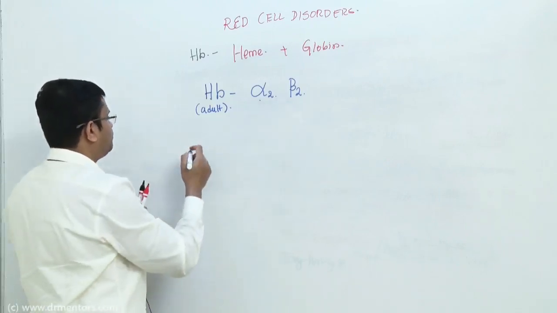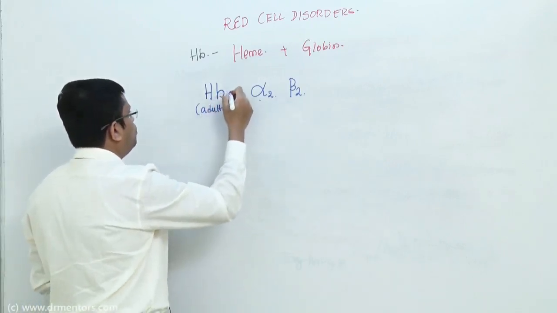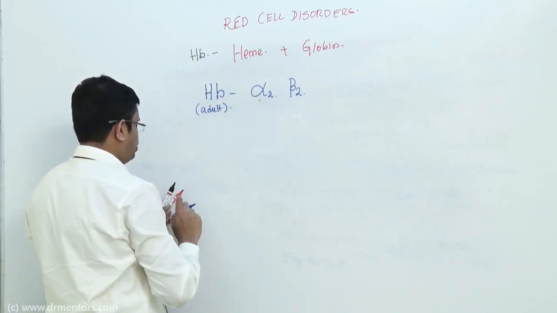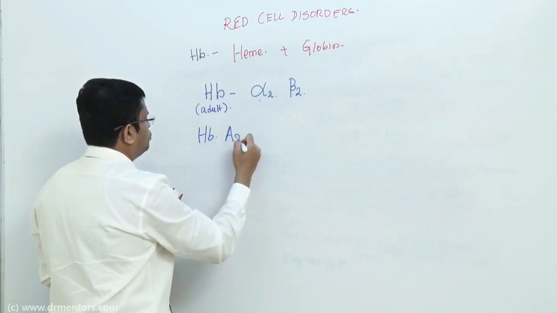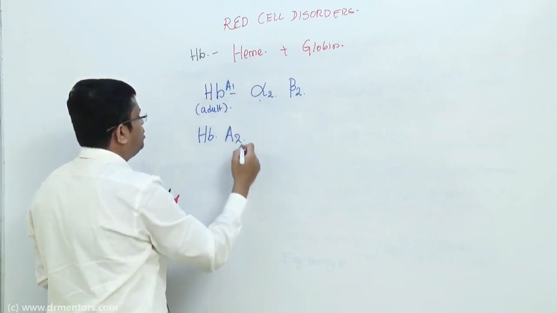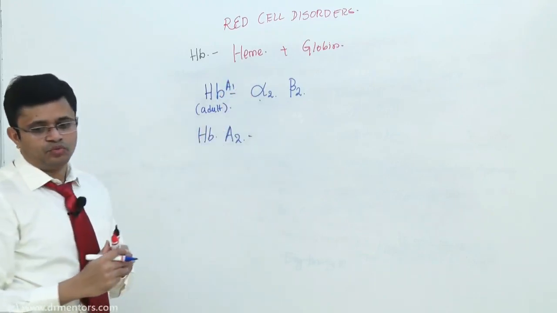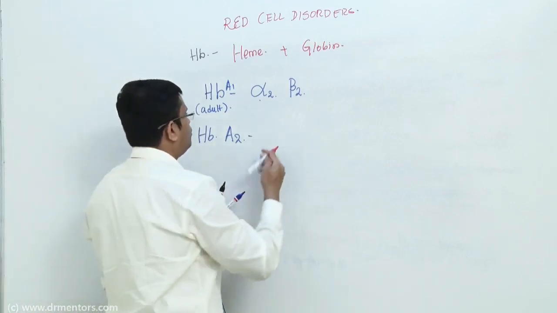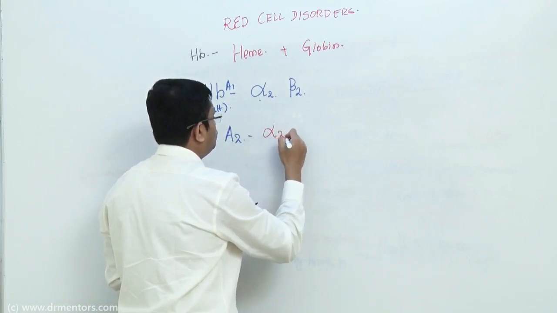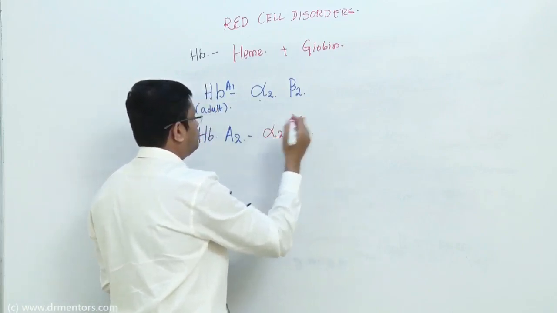This is hemoglobin A1. There is something called hemoglobin A2, which has a genotype of alpha 2 delta 2.